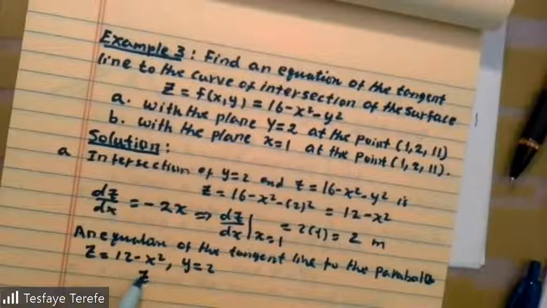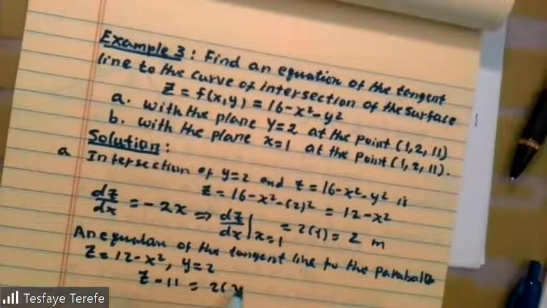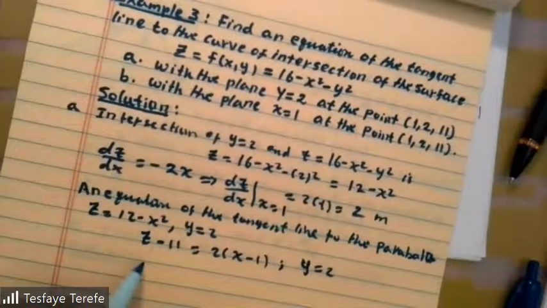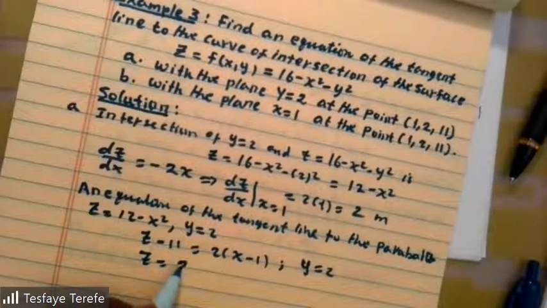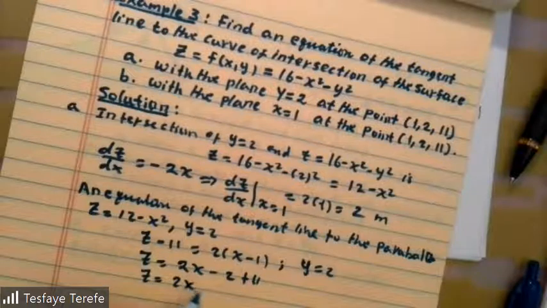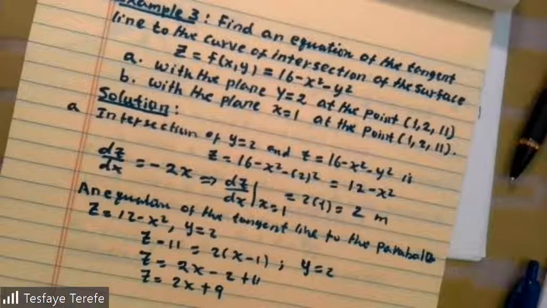Using point slope form, z minus the z value, which is 11, equals m, which is 2, times x minus the x value, which is 1. And remember, y is equal to 2. Don't forget that. So this gives me z equals 2x minus 2 plus 11.